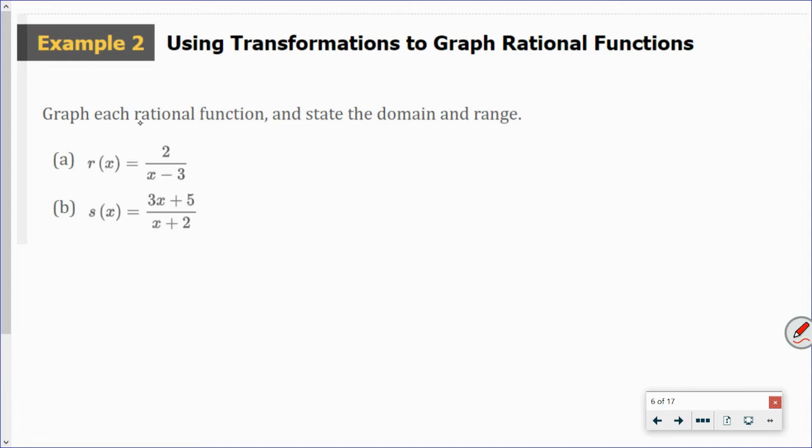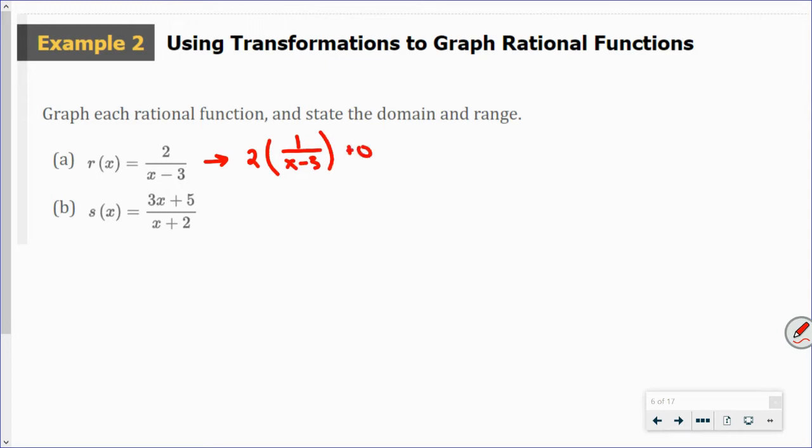Okay, so graph each rational function and state the domain and range. So this is pretty close to the form. The only thing here is this 2. So if I factor that 2 out front, I have 2 parentheses 1 over x minus 3, and you could put a plus 0.